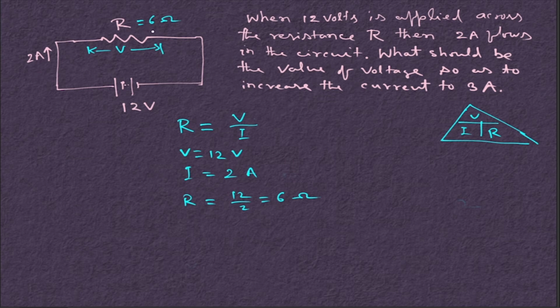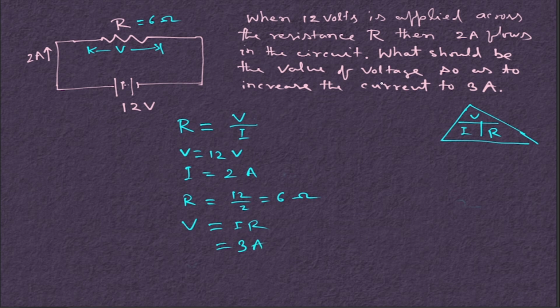Now we have the resistance that we have calculated, that is 6 ohm. So from Ohm's law, we can again say that the voltage V is equal to IR.